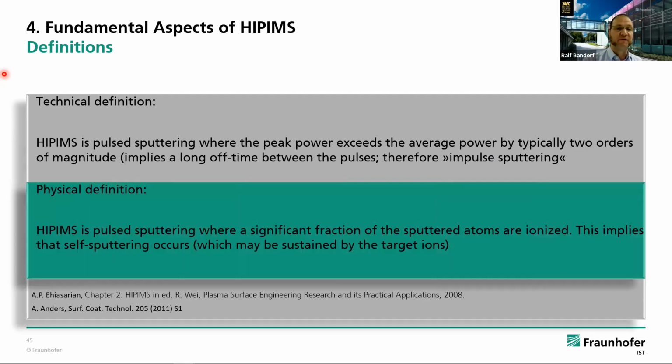Or you can come to the physics and say HIPIMS is a pulse sputtering where you create a significant fraction of sputtered atoms that are ionized. So the film is mainly formed by ionized species, or a significantly increased amount of ions forming the film. This implies that effects like self-sputtering can also occur, which can sustain the sputtering process from the gas, and you can also have sputtering by the target material itself.